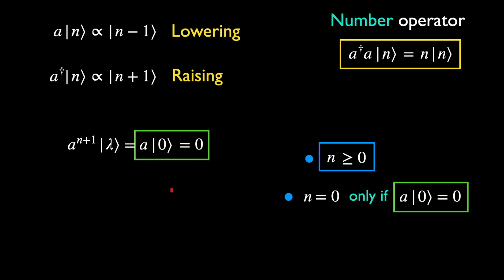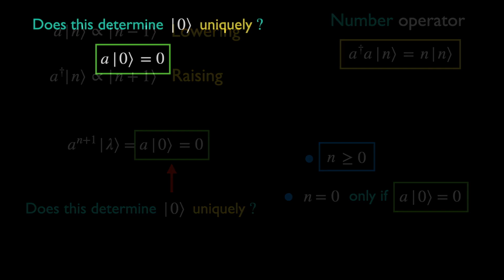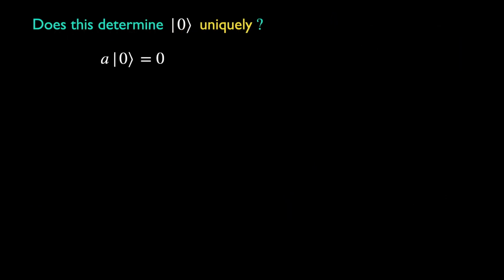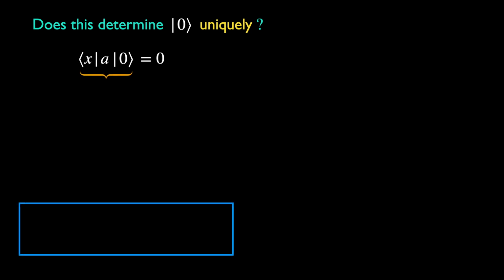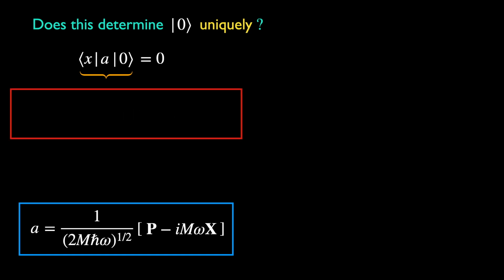We now want to check if this condition, which any eigenvector with the smallest eigenvalue must satisfy, gives us a unique ground state. Let's project this equation into position space and see what wave functions it would give. Substitute in the expression of A in terms of x and p from earlier, because we know how these operators act on the position state.